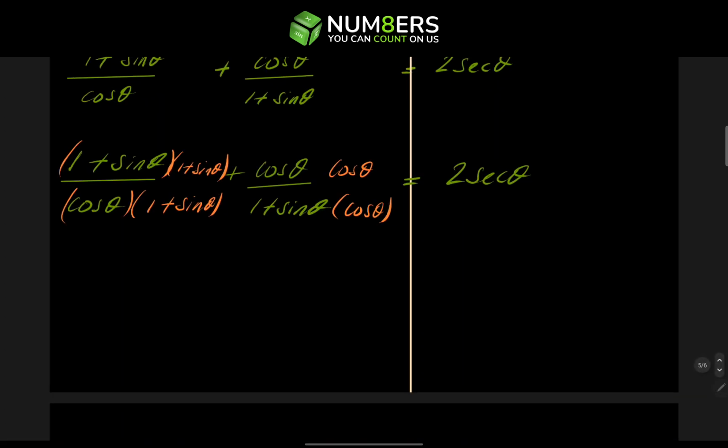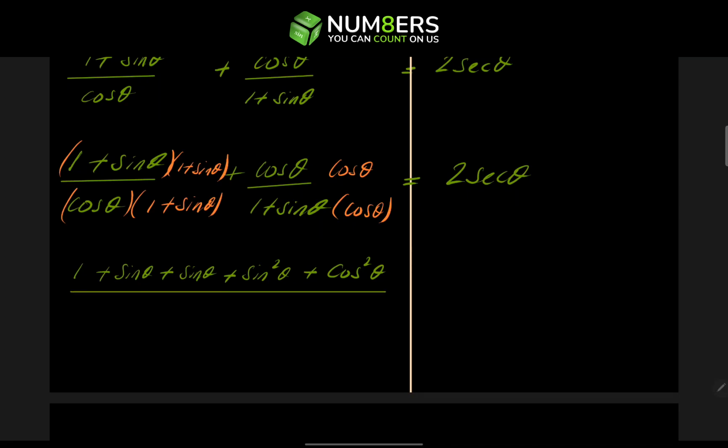Now we have a common denominator, so we're going to expand the top. 1 times 1 is 1, plus 1 times sine theta is sine theta, plus another sine theta, plus sine theta times sine theta is sine squared theta, plus cosine times cosine is cosine squared theta. And all that is now over the same denominator, which you can write once, cosine theta times 1 plus sine theta.